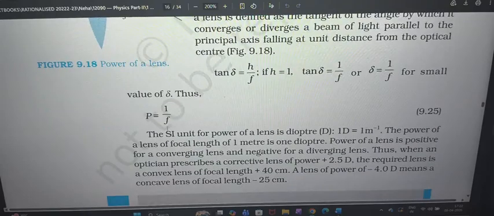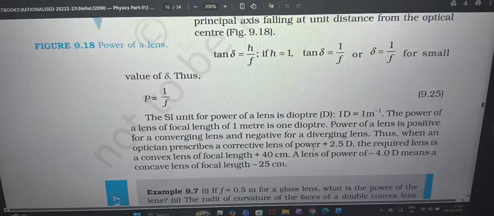Make sure f is written in meters. Then you can give the power SI unit as diopter. So whenever you use focal length, ensure it is in meters so that you can write the power in diopters. Now again, power will be positive for a convex lens because I said focal length should be positive for a convex lens, and negative for a diverging lens, meaning a concave lens, because focal length will be negative for that.